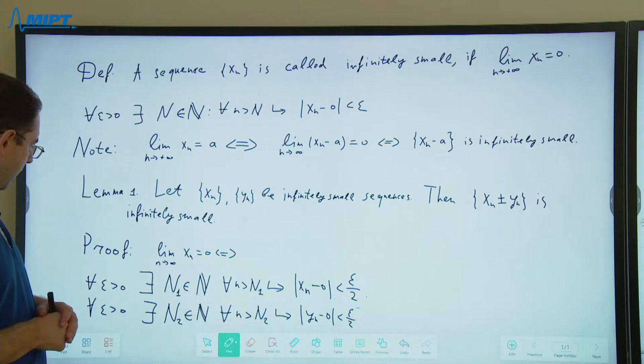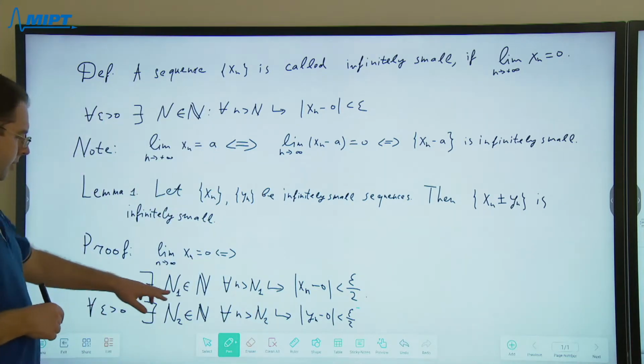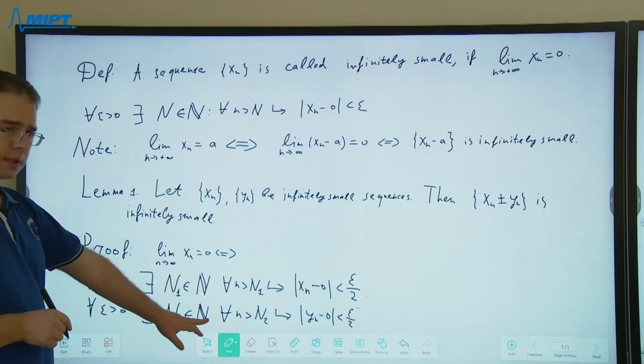Okay, very well. Now, so for any epsilon this is true, for any epsilon this is true.